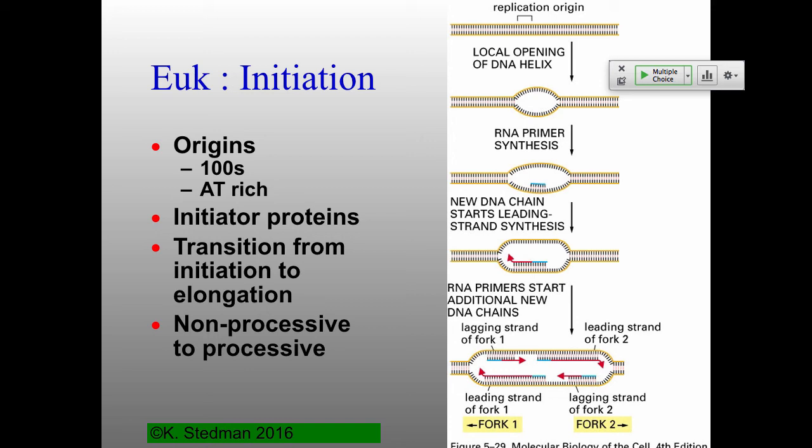But to figure out where these are, you need the so-called initiator proteins, which we'll talk about in more detail later. Then once you have the two strands pulled apart and your primer put down, you can go to your elongation state, where your leading strand goes down here, the lagging strand will start later, and you have processive replication.